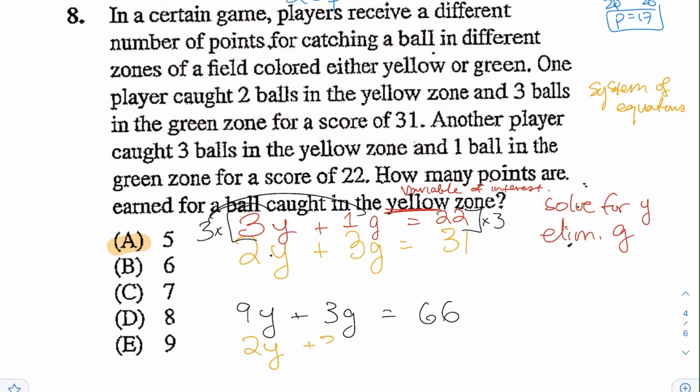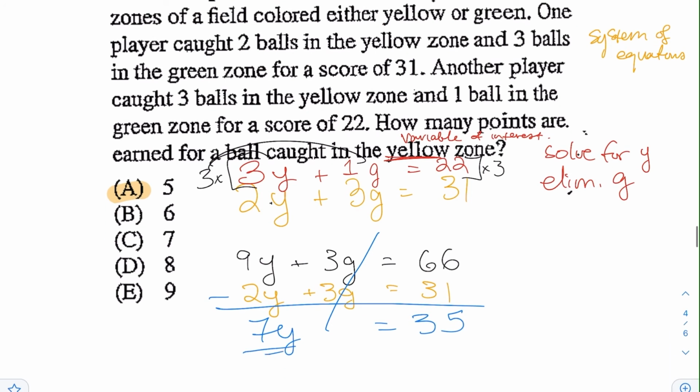It's just 2y plus 3g is equal to 31. From here, you can subtract the two equations, just like what we did above. 3g minus 3g gets canceled out, and 9y minus 2y is equal to 7y. And that's equal to 35. Then once you divide by 7, you get that y is equal to 5. So you know that the ball caught in the yellow zone is 5 points.